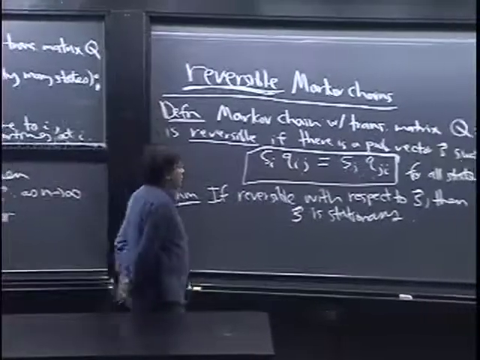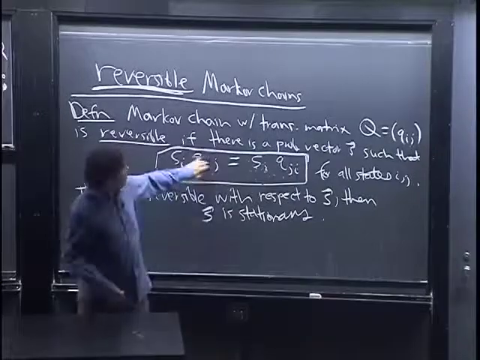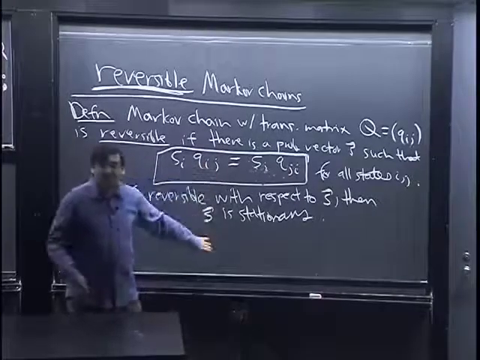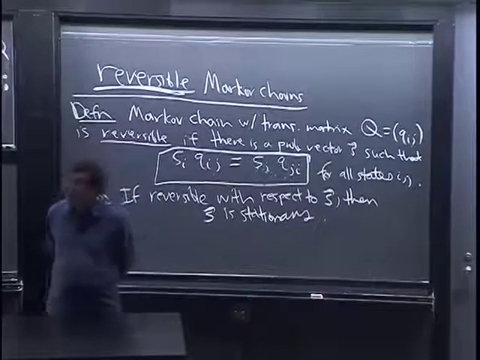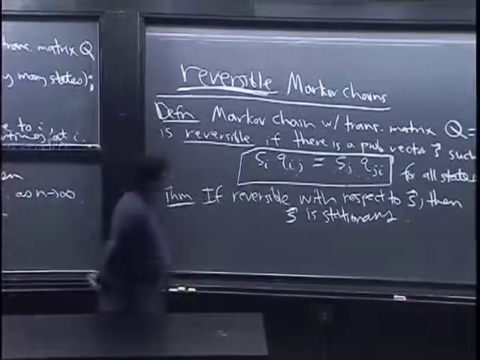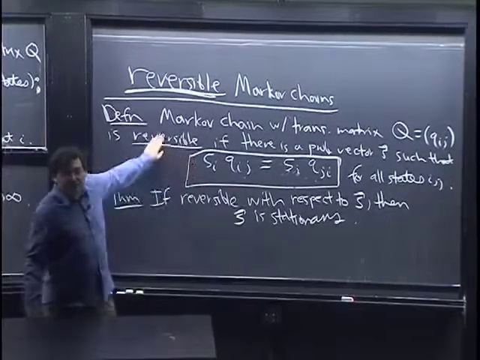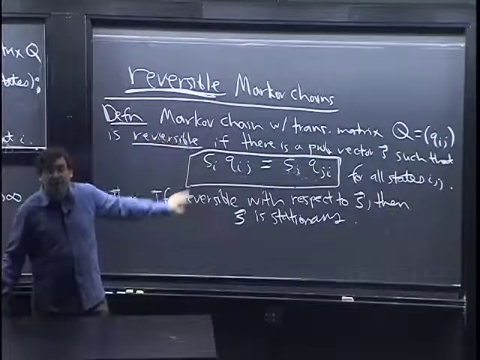Okay, so let me tell you a little bit about the intuition, why this is called reversible. Then we'll show that this implies stationarity. Then we'll do an example. For the intuition, reversible is also called time reversible. This reversibility refers to time.